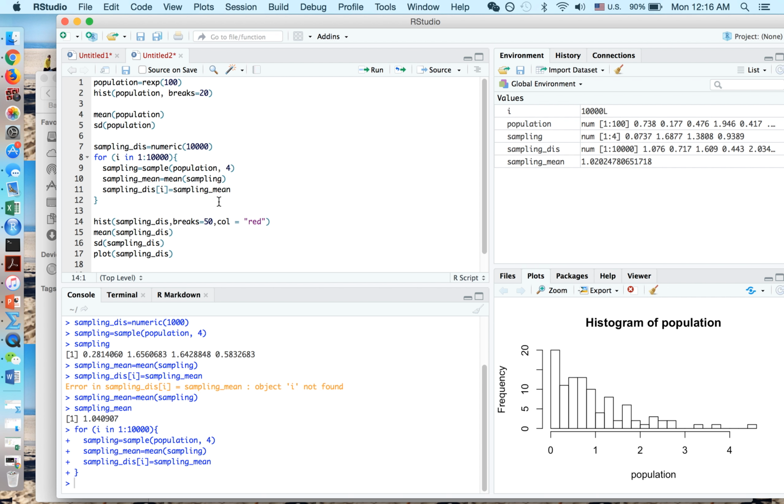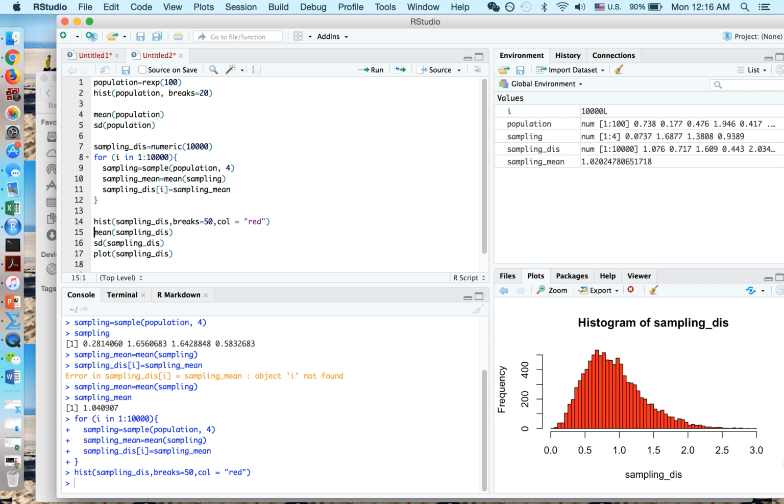All right, and then let's take a look at our sampling distribution. It's not perfectly normal looking, but you can easily see that there is a very obvious central tendency around this value.